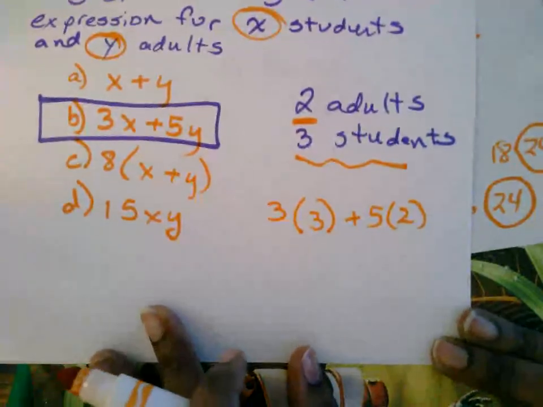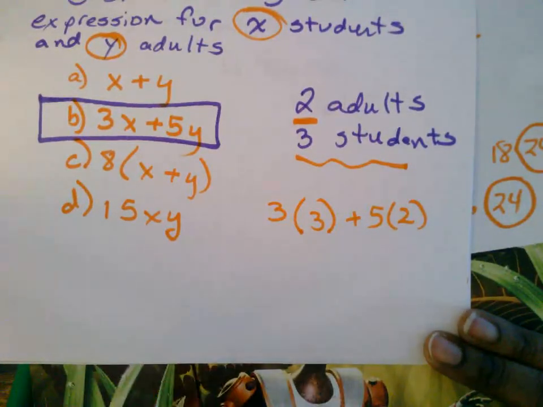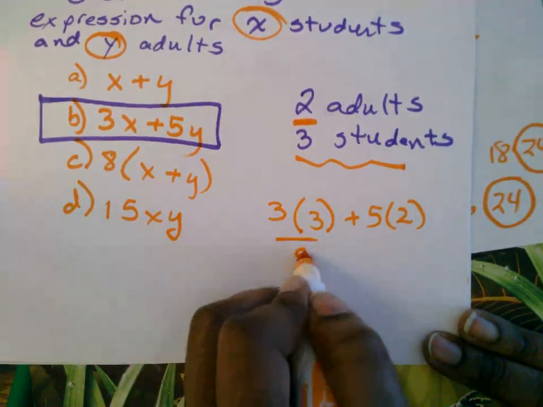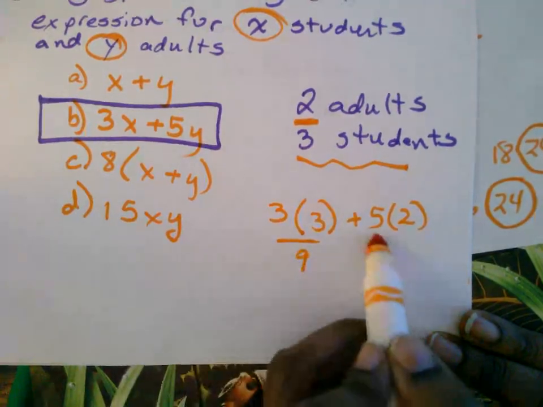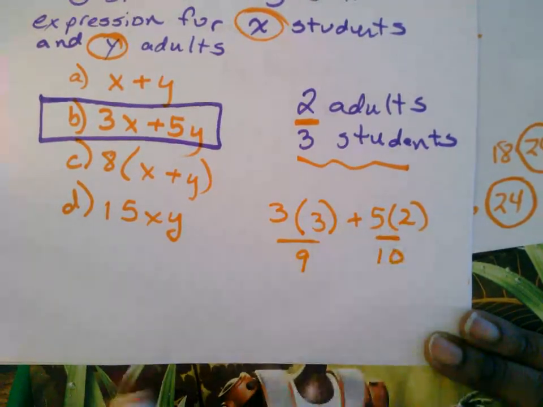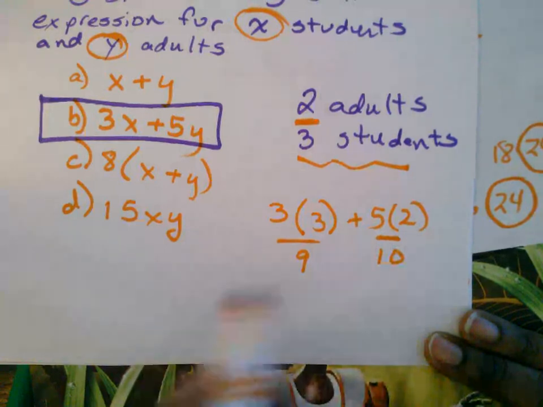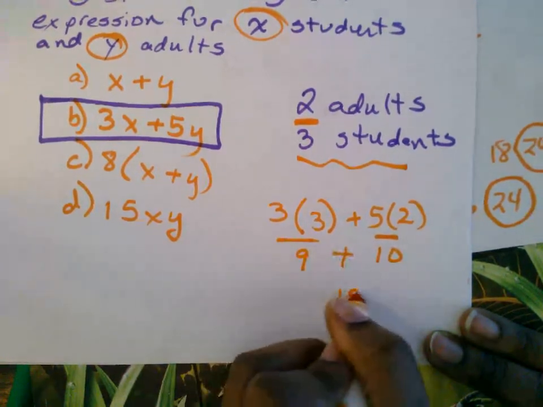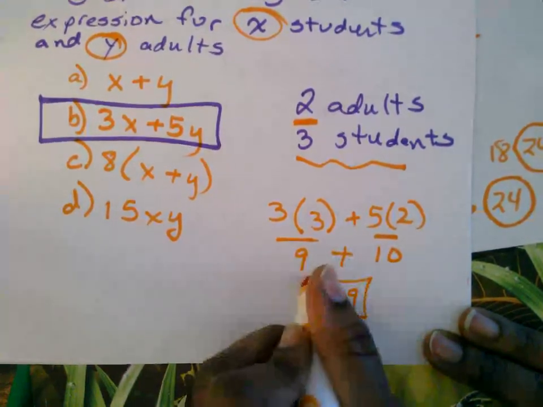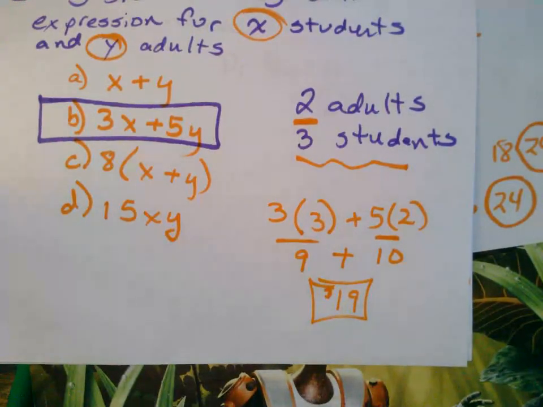And you have to use the order of operations, which means you're going to do this multiplication first, and you're going to do this multiplication first. Then you add them together. Any questions? Okay.